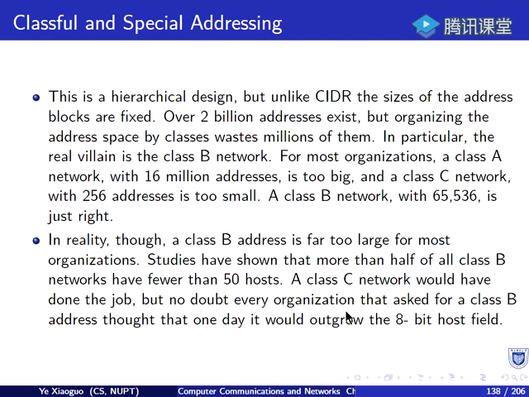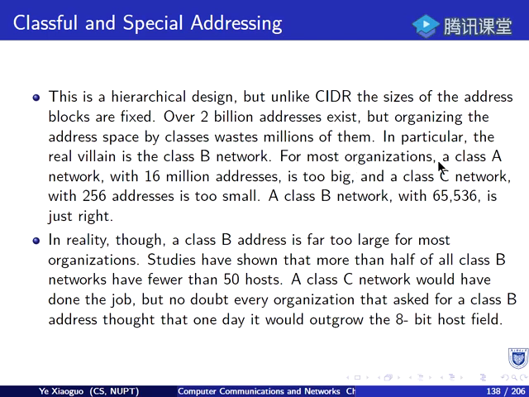This is a hierarchical design, but unlike CIDR, the sizes of the address blocks are fixed. Over 2 billion addresses exist, but organizing the address space by classes wastes millions of them. In particular, the real problem is the class B network.